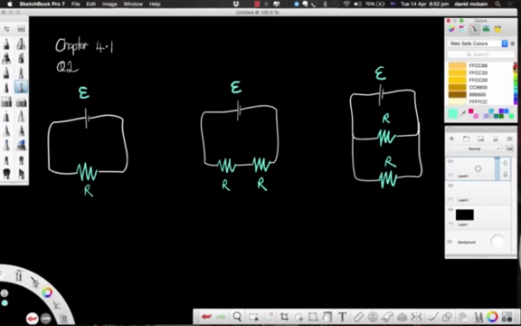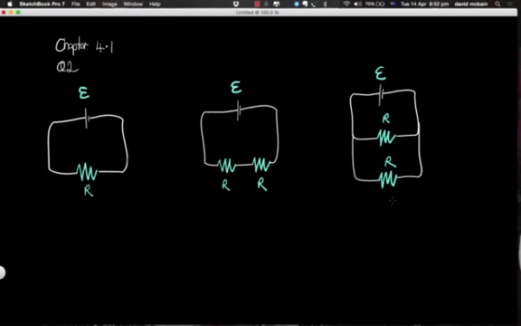Let's go to a different colour. Now remember, this is the battery, and this tells us how much energy each coulomb of charge is given as it comes out of the battery. So the current is going to flow from positive around the circuit to negative. So the current's going to go this way, like this. That's the direction of our current.